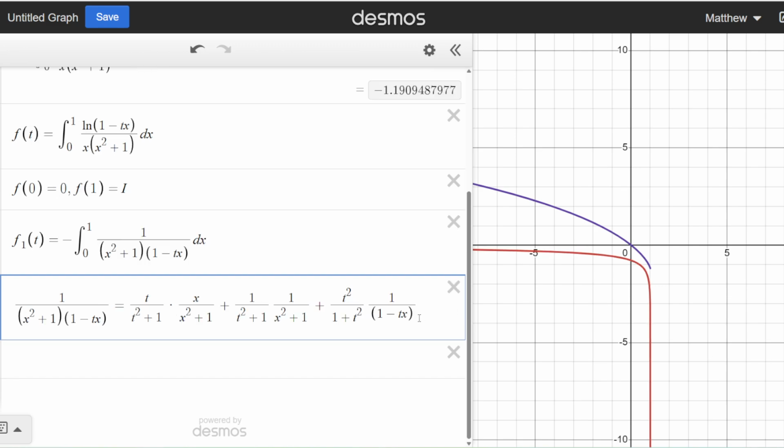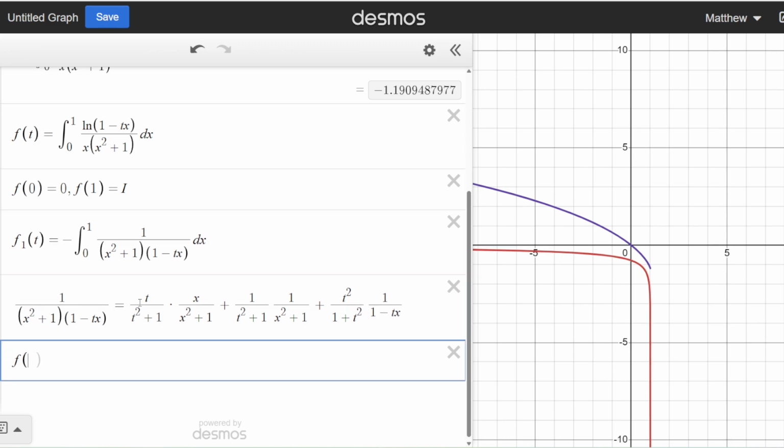All right. So after performing the partial fractions, I got that this, which is our integrand, can be written like this. All right. So let's go ahead and write that.